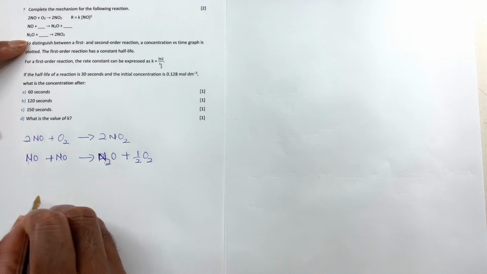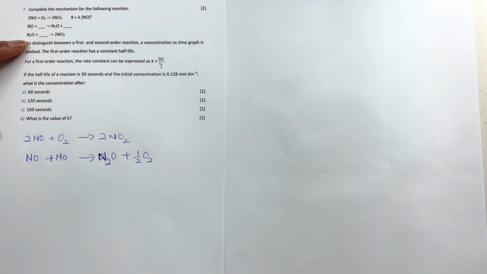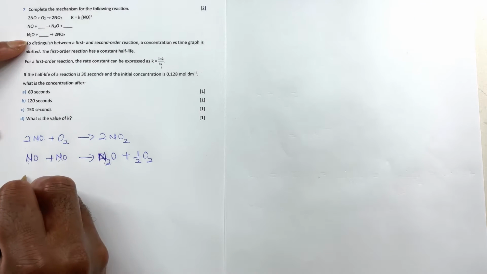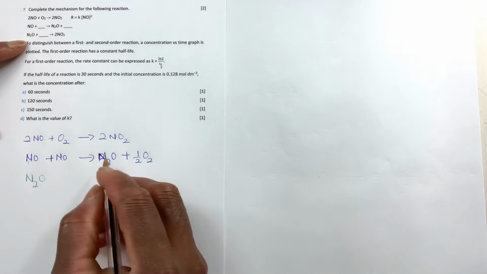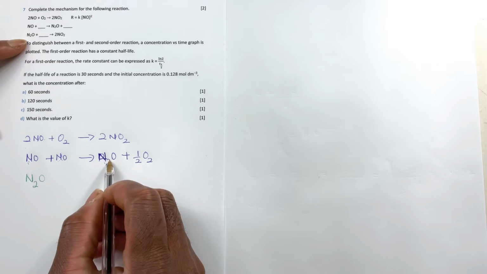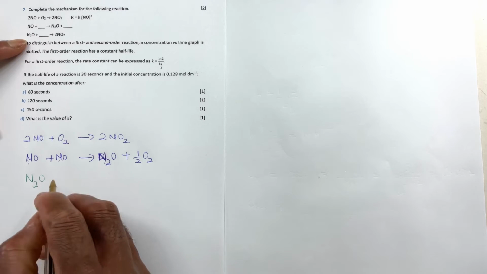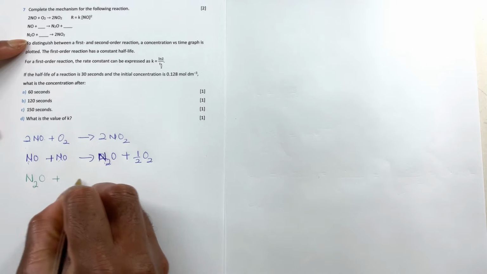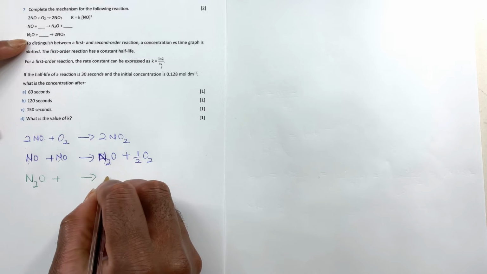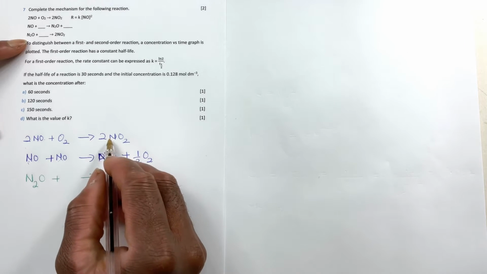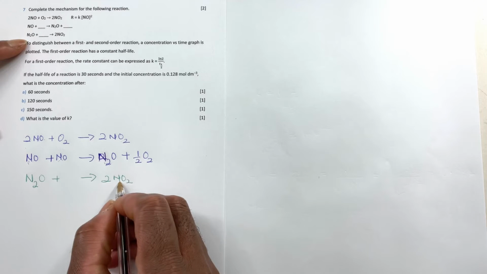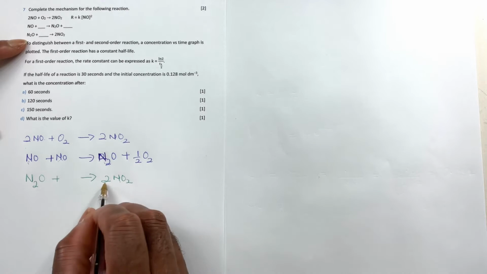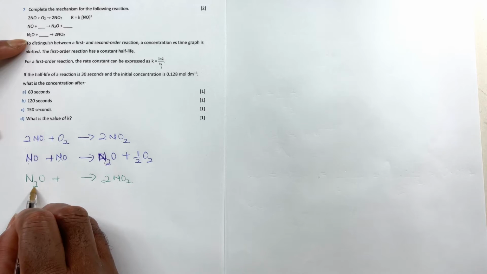For the second one, I have N2O, which is coming from that one, right? Plus, which is then giving me again 2NO2, which is giving me that back. I've got the 2N here and the 2N here.